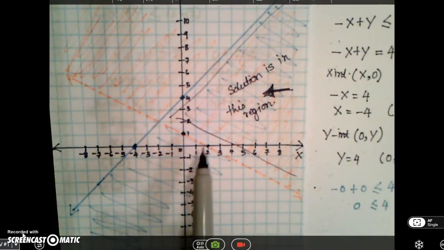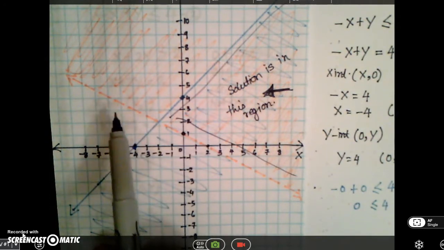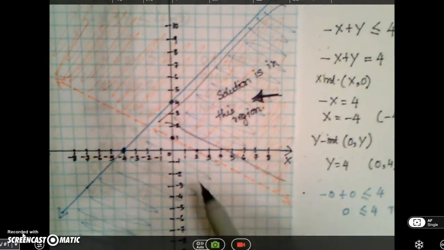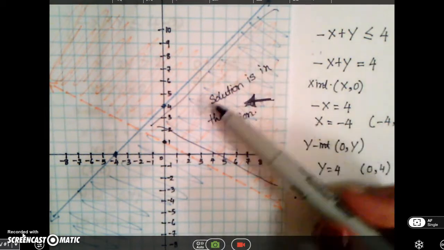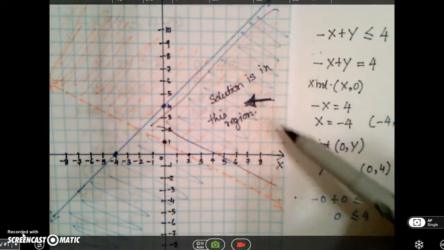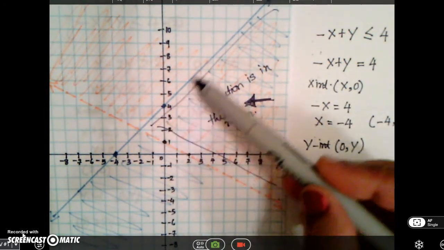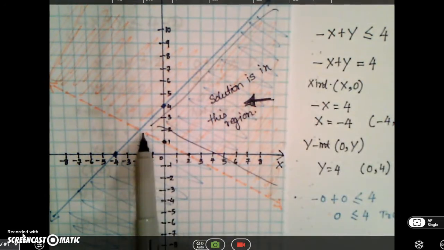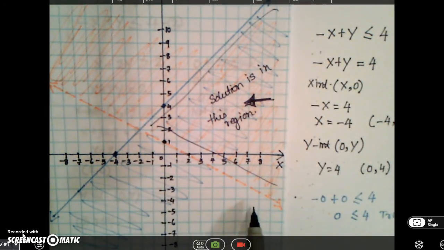As you can see, this region is bordered by the dotted line and the solid line. So I have solutions all in this region. The solutions on this line are included and the solutions on this line are not included.